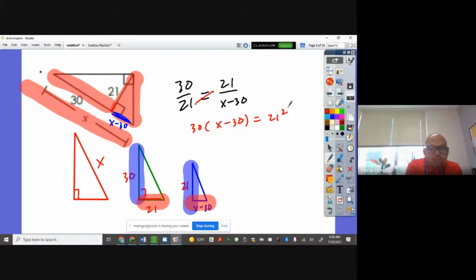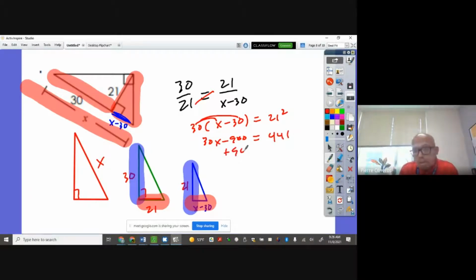So I can distribute this one here, 30x minus 900, because 30 times 30 is 900, equals 21 squared. What's 21 squared? 21 times 21 is 441.